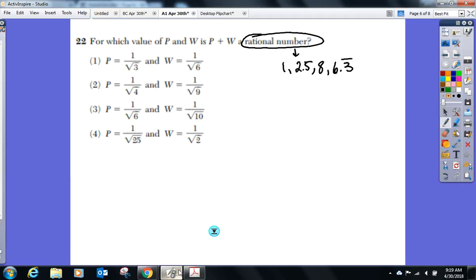Choice 2, nice job. When you add 1/2 plus 1/3, you get a rational number. Questions? Nice and easy.